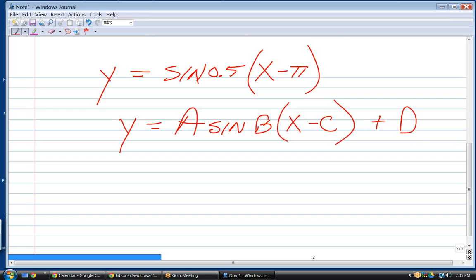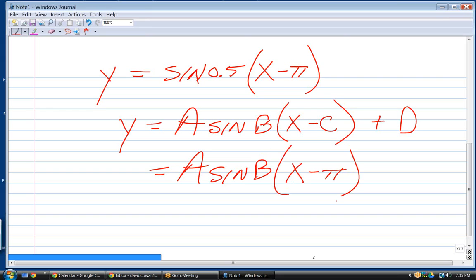I think everything but the C and the D. So you've had the general form. Now you must have had the C because we have a C here. The D is just a vertical shift. The A is amplitude. And the B affects the period.